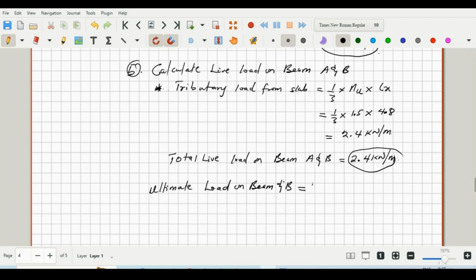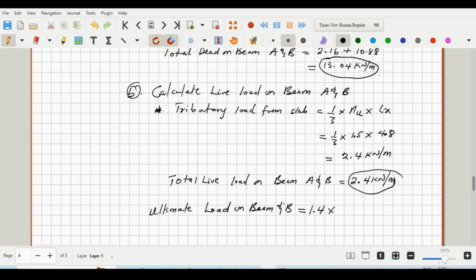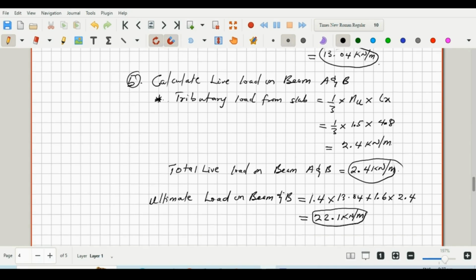So that will be 1.4, that's for the dead load, multiplied by 13.04 plus 1.6 multiplied by 2.4, and that will give us 22.1 kilonewton per meter. So that's the ultimate load acting on beam A and B.